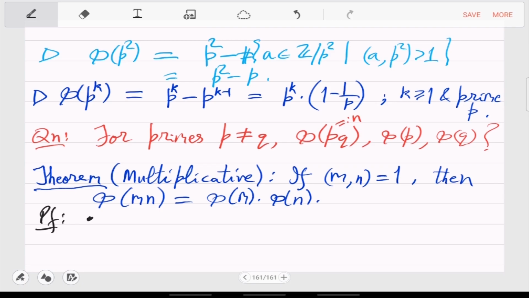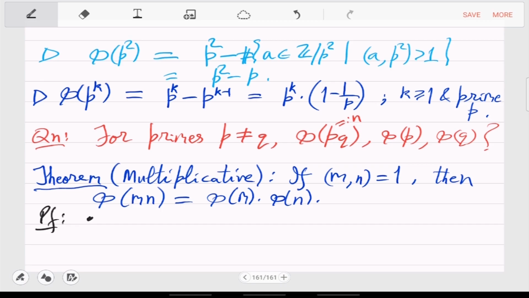There we just used the complement set and it turned out to be simple. Here if you try to do that, in fact, I leave it as an exercise. You use inclusion-exclusion and the same thing. So that can be done. But there is a more beautiful proof which we will see here.